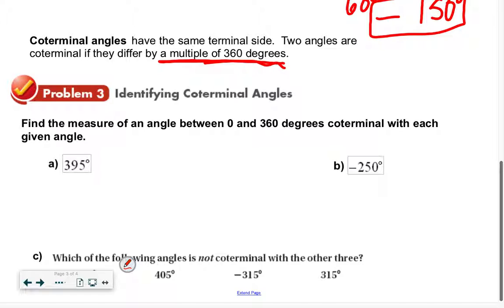Okay? So if I need to find the measure of an angle between 0 and 360, coterminal with each given angle, I have 395. Should I add or subtract 360? Subtract 360. So 395 and what angle have the same picture? 35.